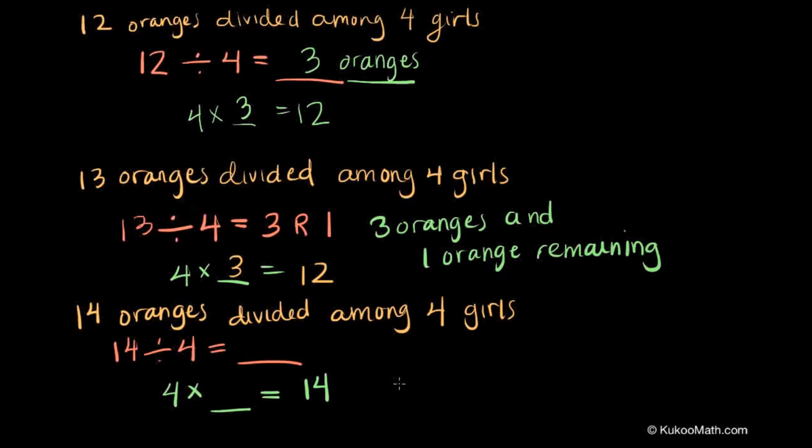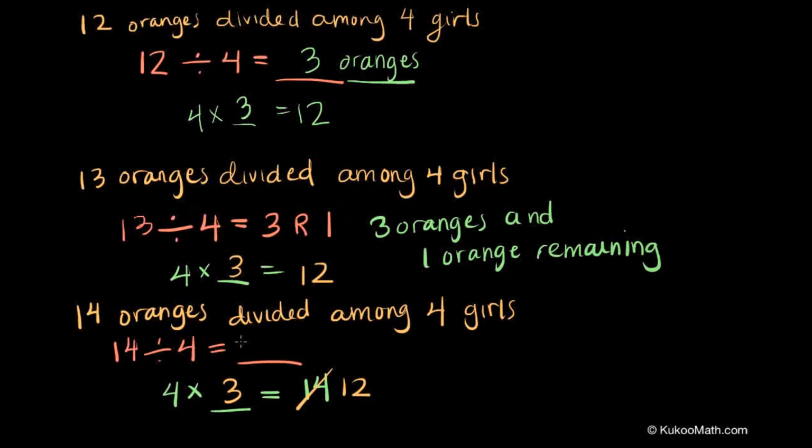It's clear that we can't get 14 when we multiply by 4. So what's going to happen again is that we're going to use 3, to get as close as we can to 14 without going over it. So it's going to equal 12. And now you see from 14 to 12, we have 2 leftover oranges that we can't give to any people because it's not even.